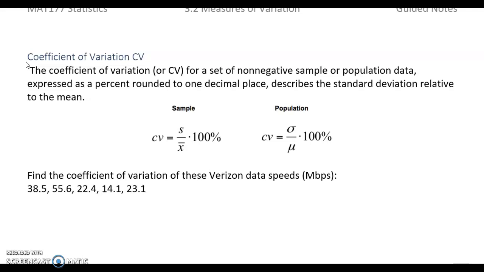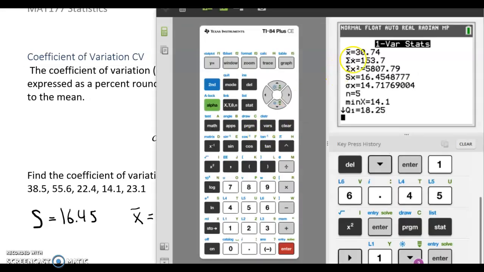So we can find the coefficient of variation for our data speeds that we've been working with for this whole video here. So we already know that our standard deviation is 16.45. And I can check my calculator screen to see what x bar, the mean, was. You can see here when we did our 1 var stat, the mean was 30.74.